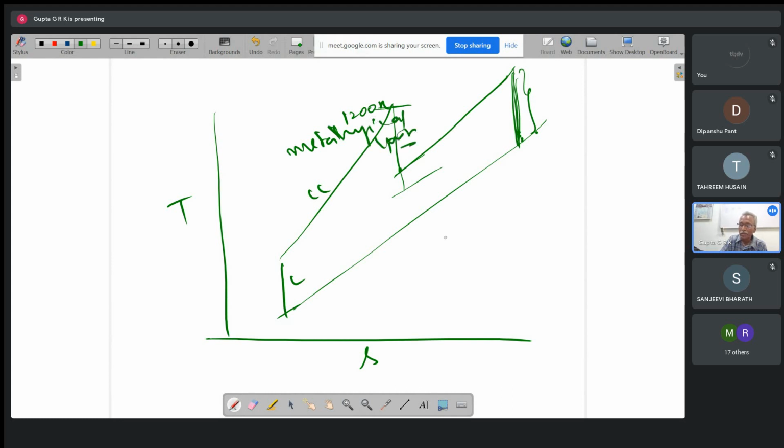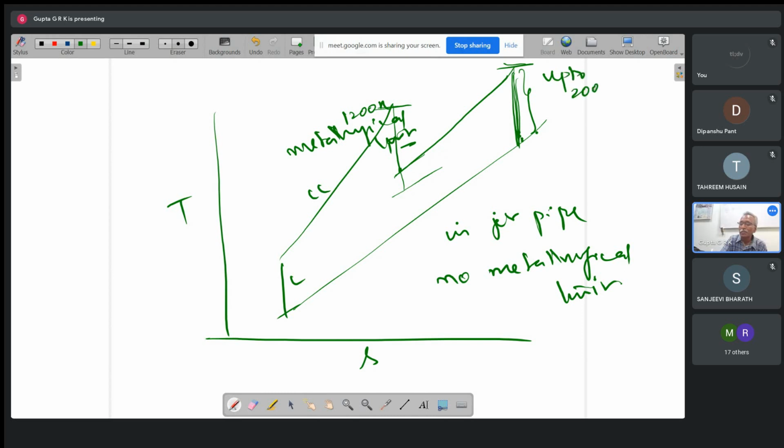In the jet pipe there is no metallurgical limit. For turbine blades, I have a metallurgical limit. So I don't have a metallurgical limit here. I can go up to 2000 Kelvin. Am I clear about this? Yes, sir.